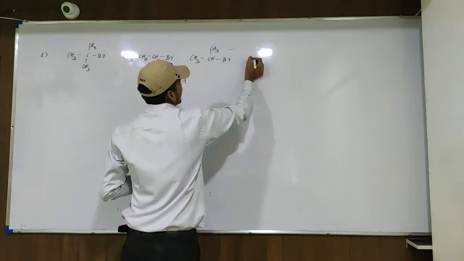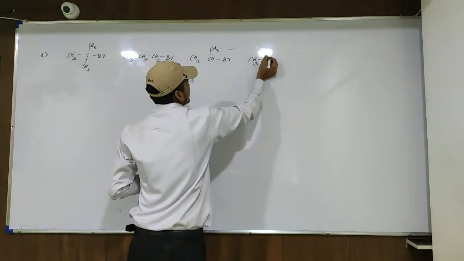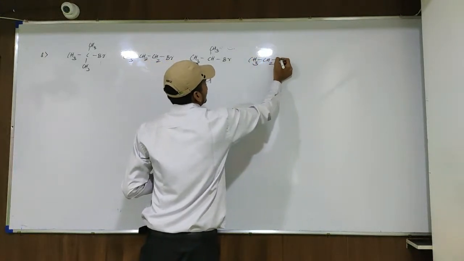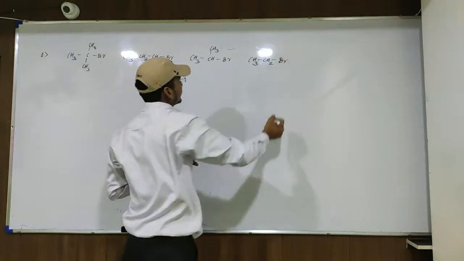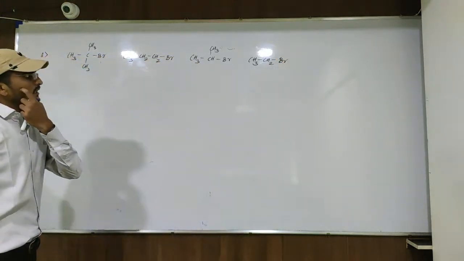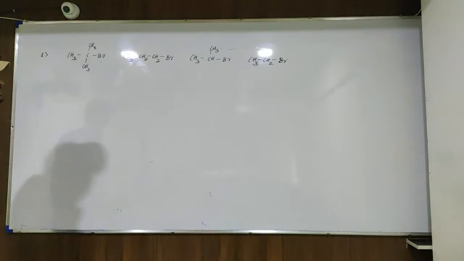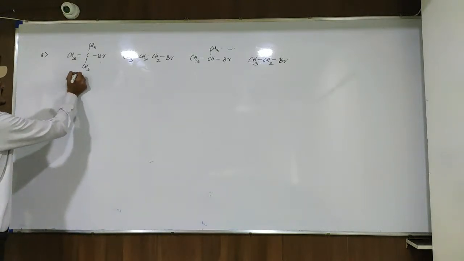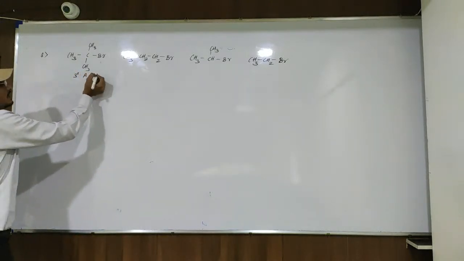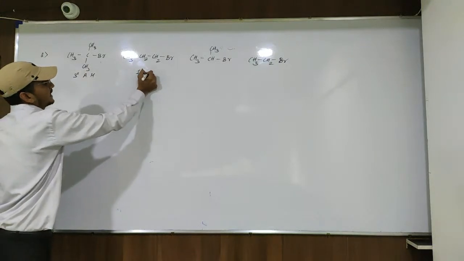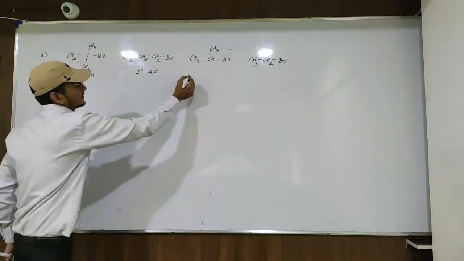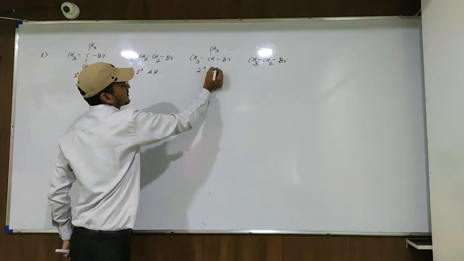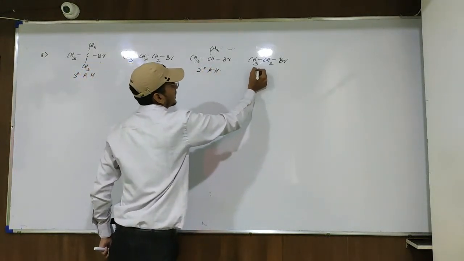Okay. The next one is like that, CH3 CH2 and here Br. Okay. So these are nothing but the alkyl halides. This one is the tertiary alkyl halide. So this is the primary alkyl halide, and this is the secondary alkyl halide, and this is again the primary alkyl halide.